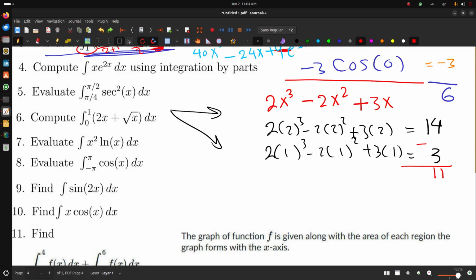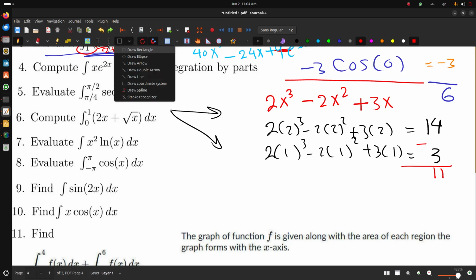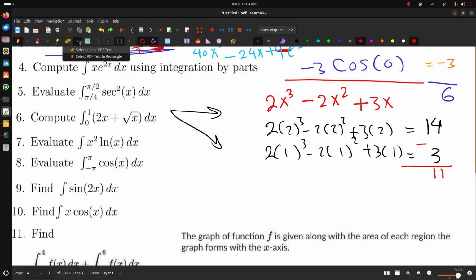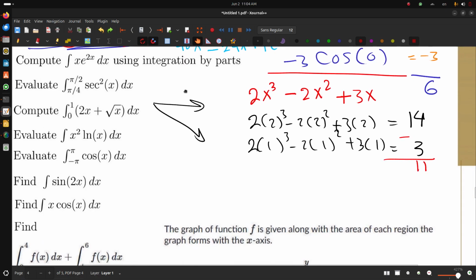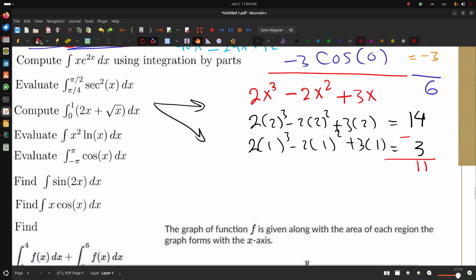Just one second. Okay, let's erase this one and use this space.